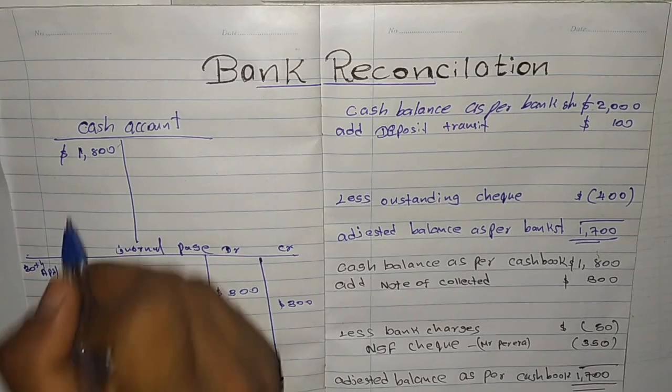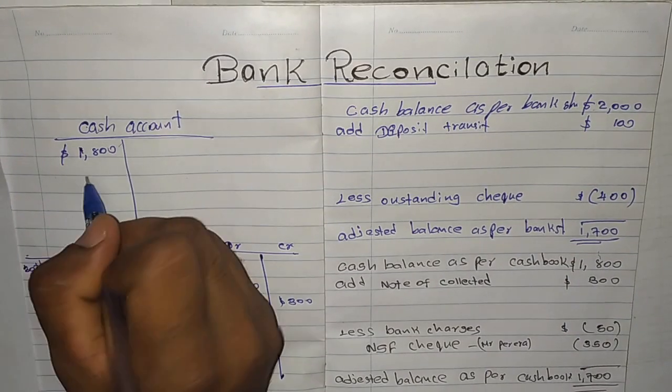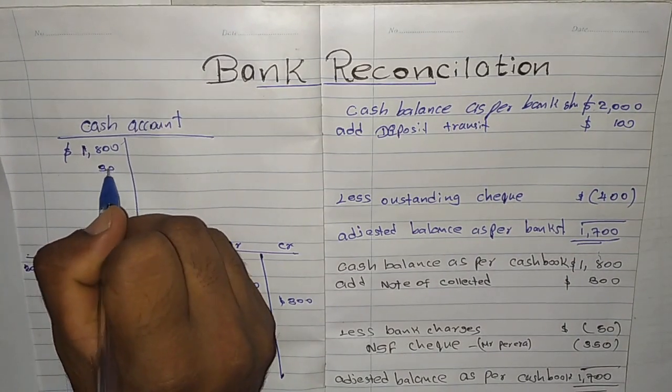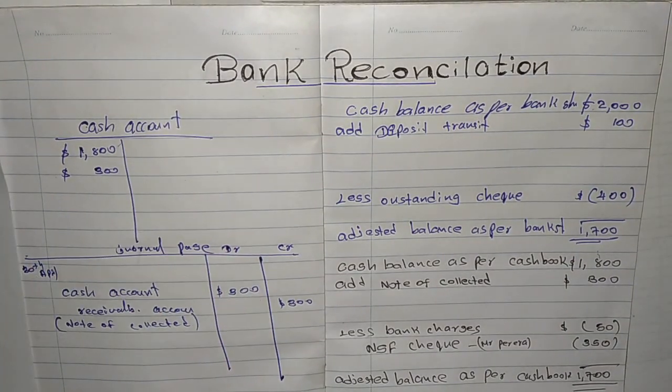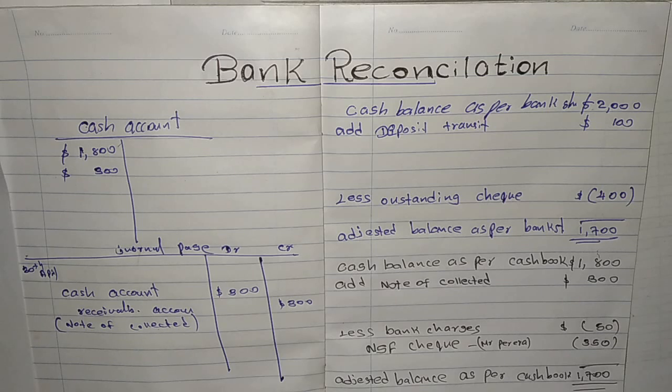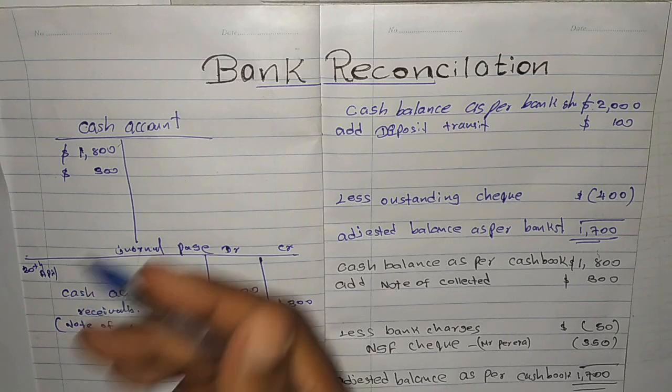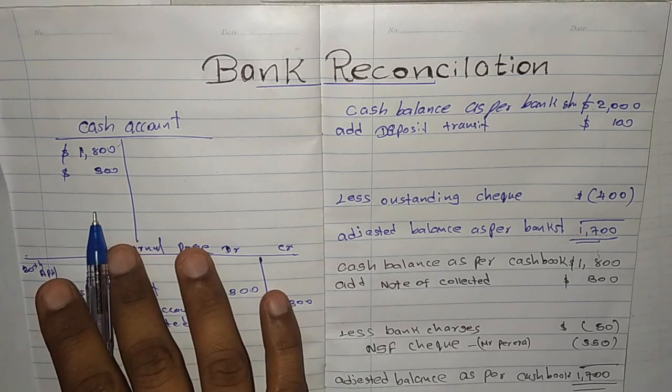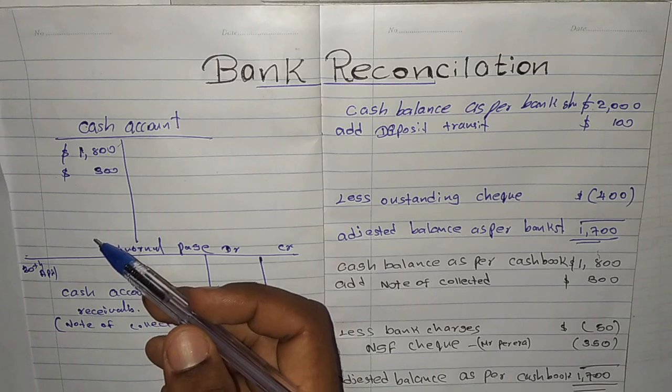Now we adjust the cash account, an increase of $300. Done. So this was the note collected. We recorded that $300, and when we post that, we debit our cash account, increasing our general ledger account.